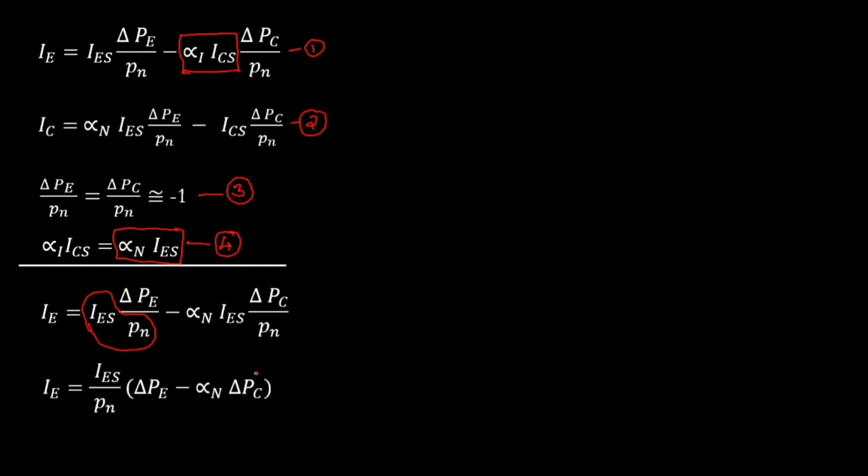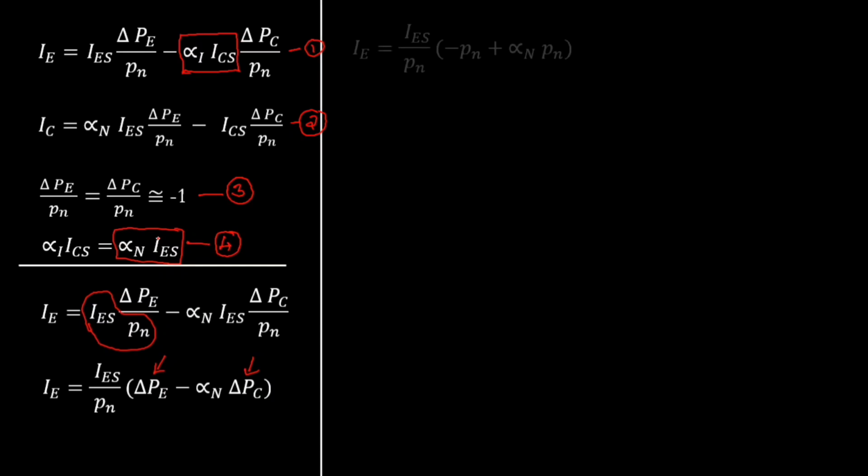Now I am going to use equation number 3 here. Equation number 3 says delta PE is equal to delta PC equal to minus Pn. So I am going to substitute for delta PE and delta PC with minus Pn. Then I get the emitter current is equal to IES by Pn into minus Pn plus alpha N Pn, and here you can see Pn is common for all expressions, so I can take it outside.